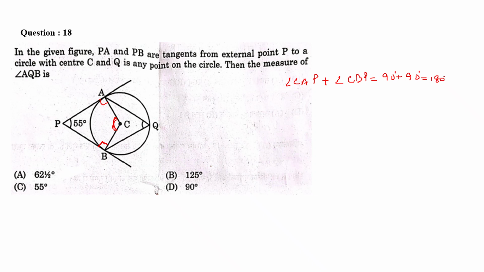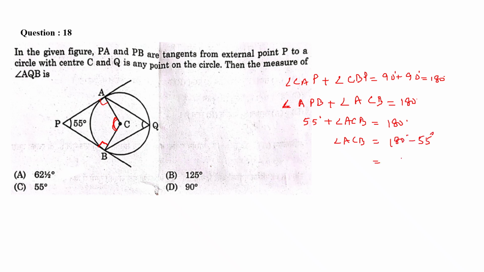It means the remaining two should also sum to 180. Then only 180 plus 180 will be 360. So angle APB plus angle ACB is equal to 180 degrees, and APB is given as 55 degrees. So angle ACB is equal to 180 degrees minus 55 degrees, and if I subtract it, I will get 125 degrees.